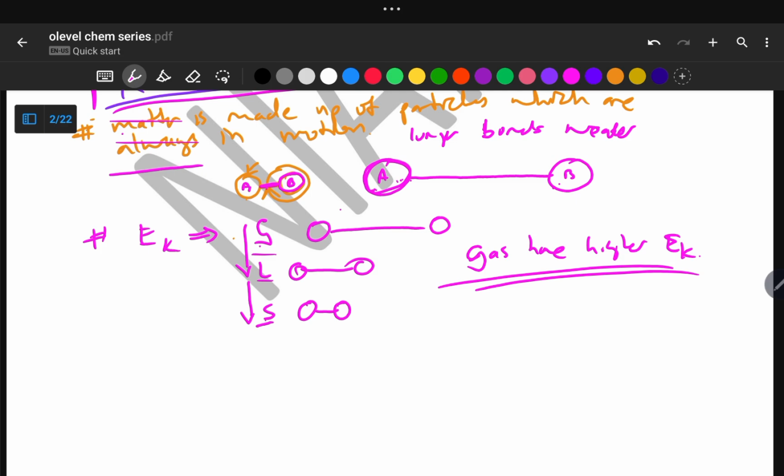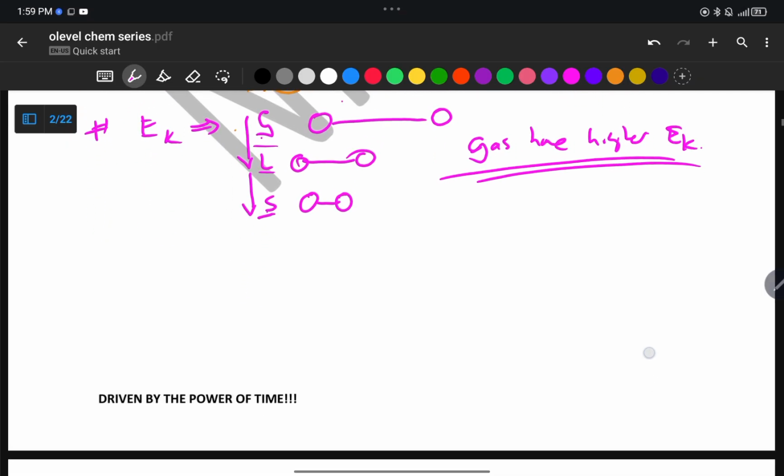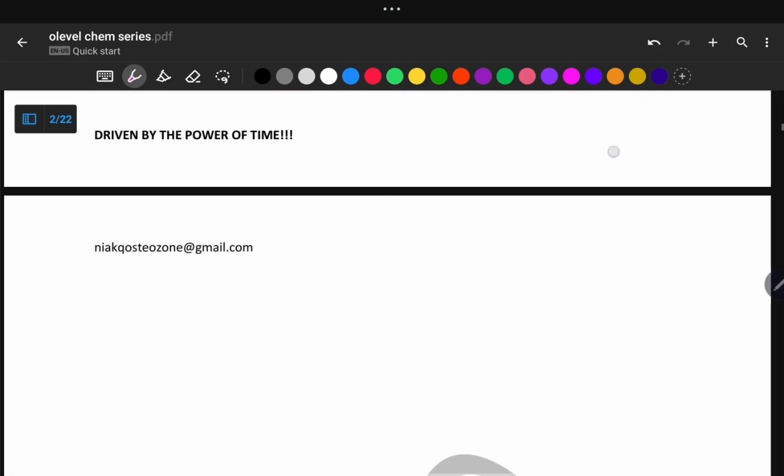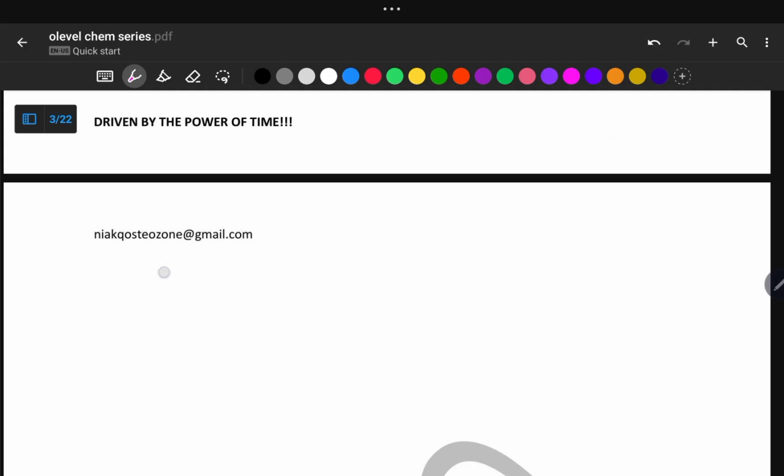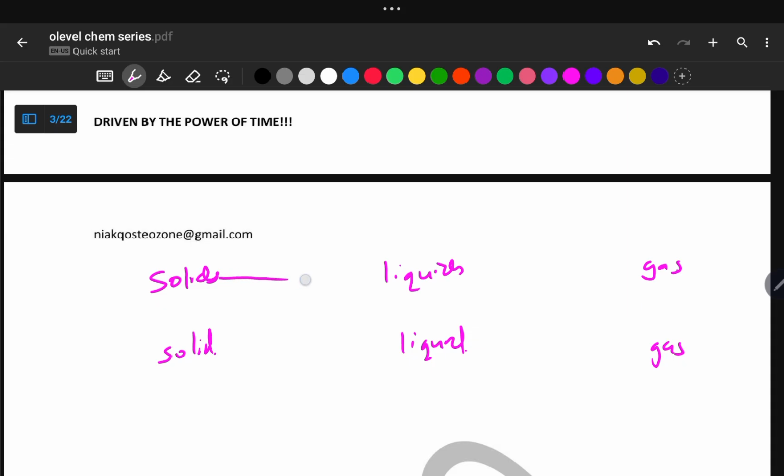So we are moving on to the next objective, where we are required to explain the changes of states of matter, right? So I'm going to simplify this one. We are having solids, then liquids, then gas here, and then we are having solid again, then liquid, then gas again, right? So I'm going to simplify this one first using this direction.